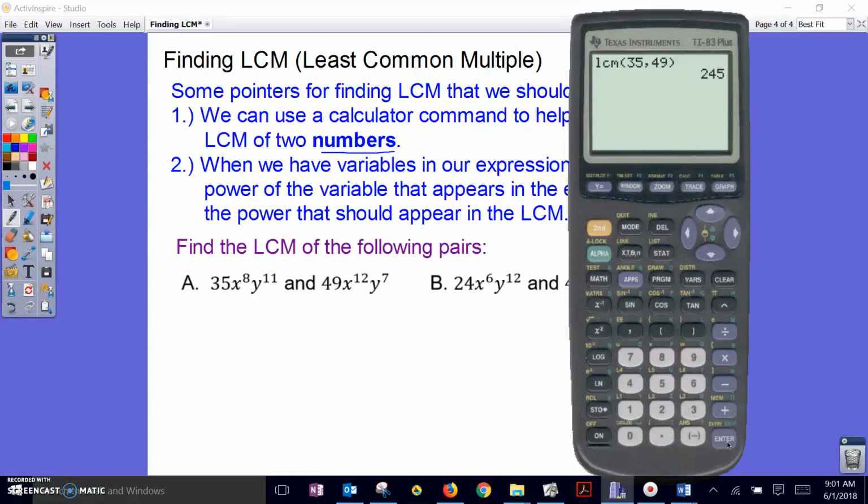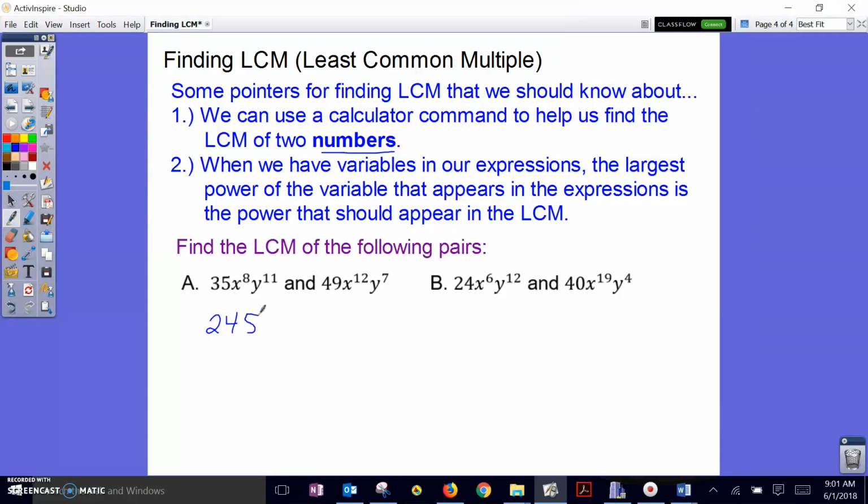That's 245. And then I want the largest power of the variable that appears in the 2. I've got x to the 8th and x to the 12th. X to the 12th is the largest. And then for my y's, I've got y to the 11th and y to the 7th. The largest power of those is y to the 11th. So that's the one that's going to give us our LCM.